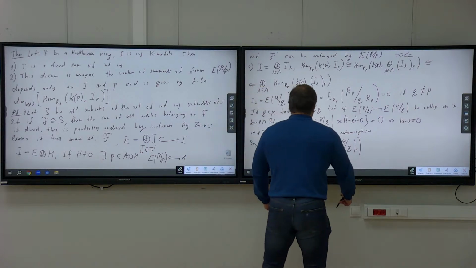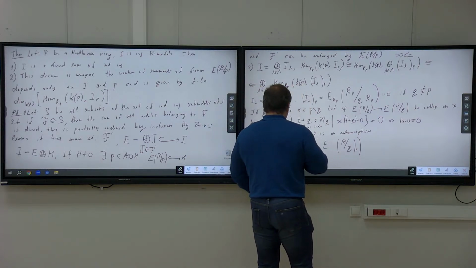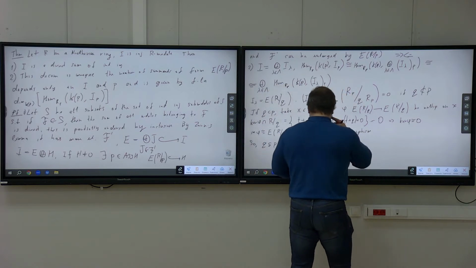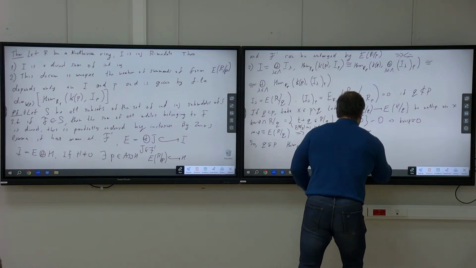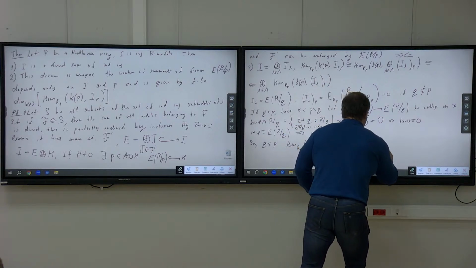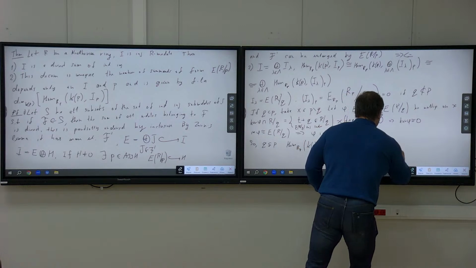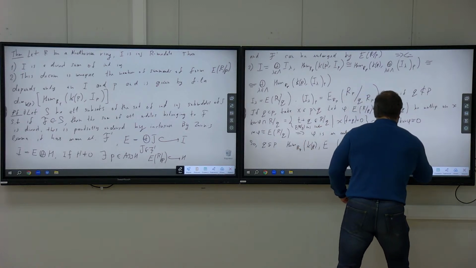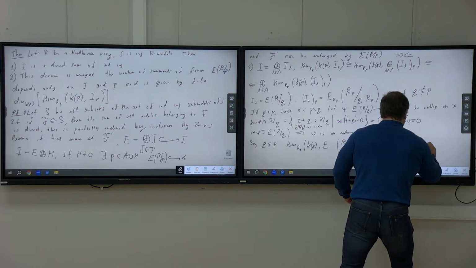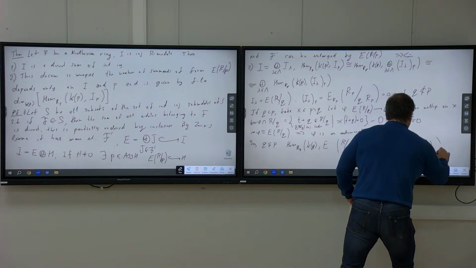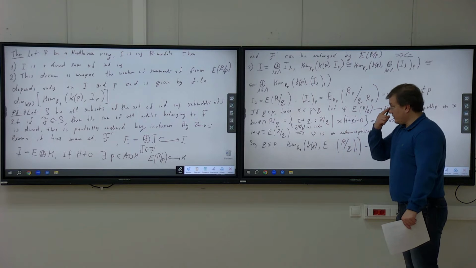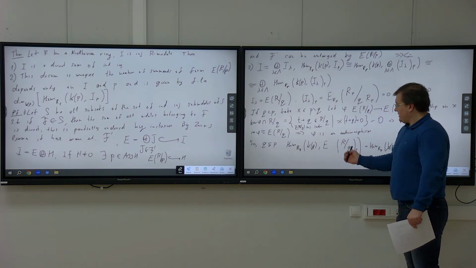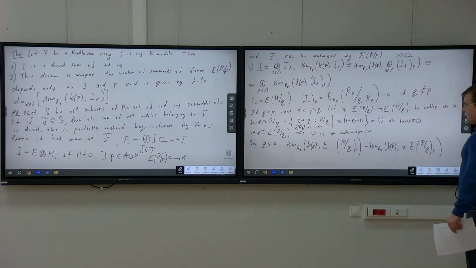Anyway, so the point is that in this situation I can take this Hom and write it as the Hom over the localization from the residue field to the hull, multiplied by x. Since multiplication by x is an automorphism, I can represent any element from here as x times an element from here.